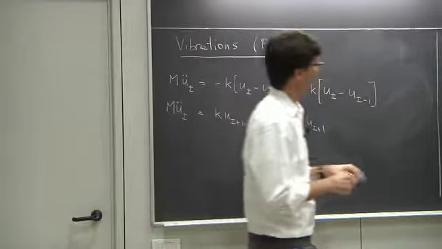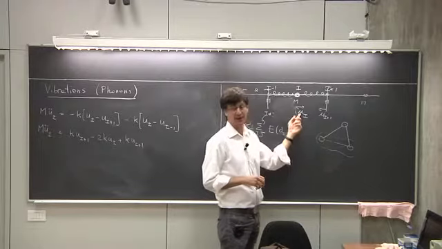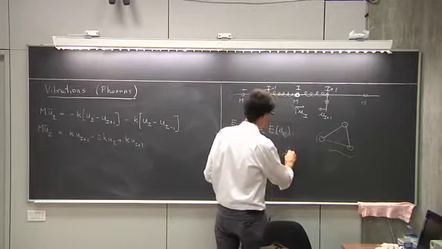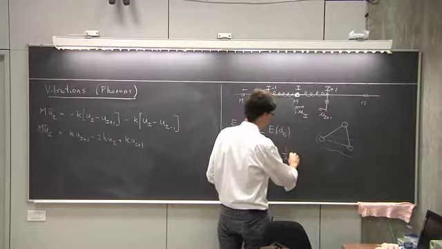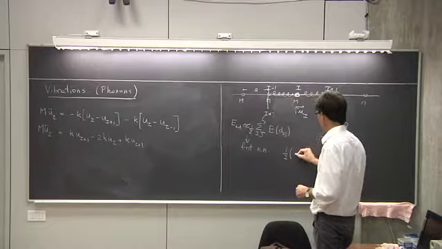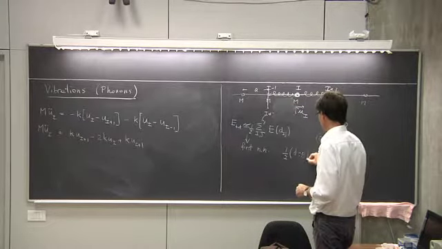Yes, so U is the displacement of the particle from equilibrium. So in this particular case, the potential is 1/2 K (d minus a) squared.